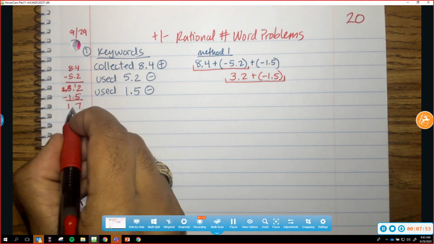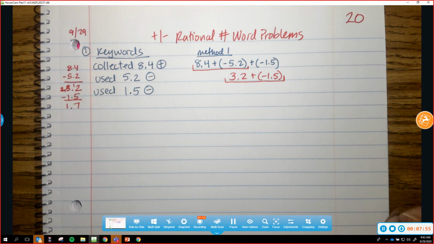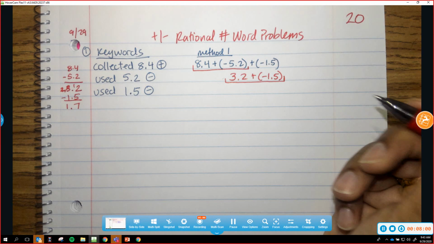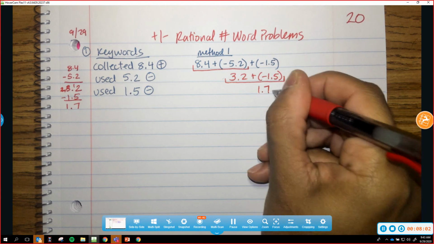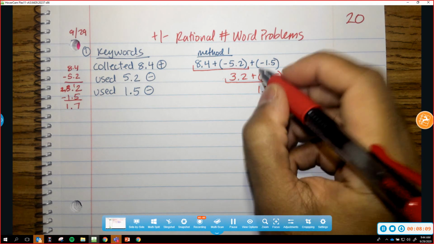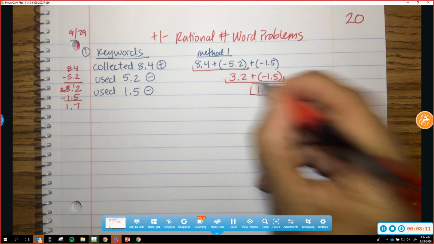Two minus 1 gives me 1. Decimal goes there. So when they ask how many gallons are remaining, it'd be 1 7/10 gallons. That's my final answer.